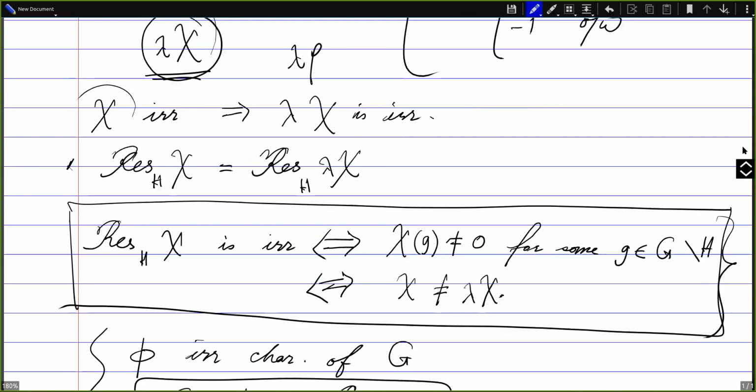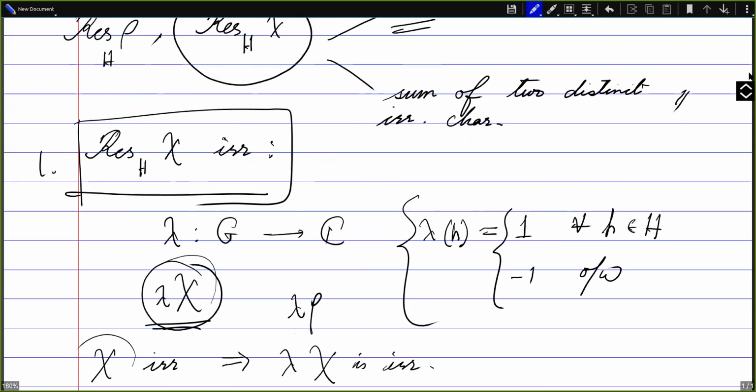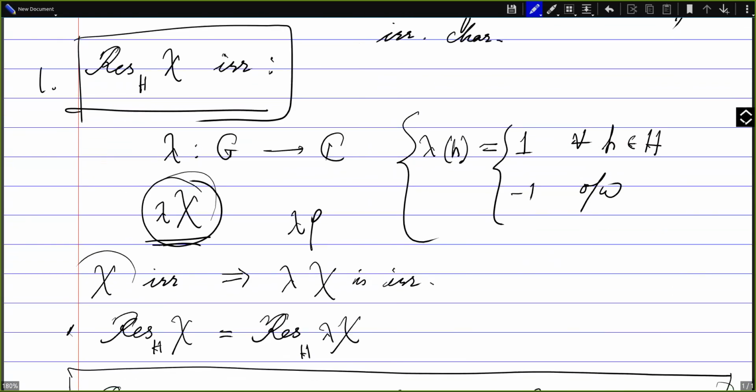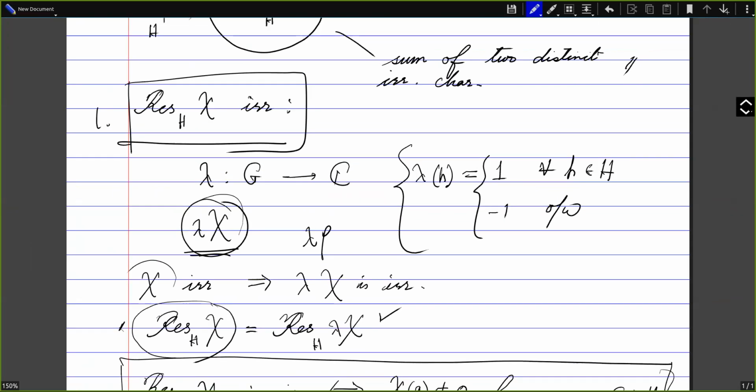So we have seen this phenomenon: starting with an irreducible character chi whose restriction to H is also irreducible, then apart from chi, lambda chi is the only character which can coincide with the restriction of chi when it is restricted to H. This is the only choice.